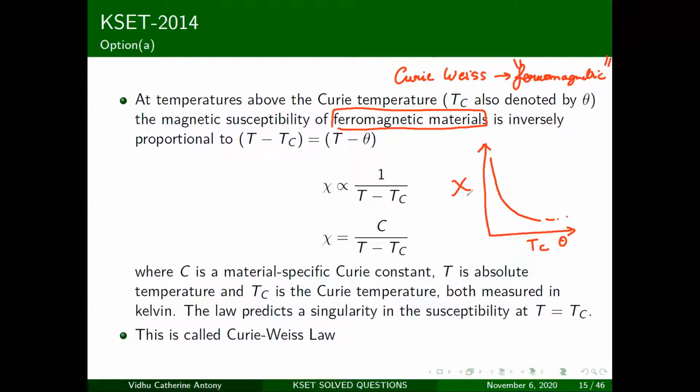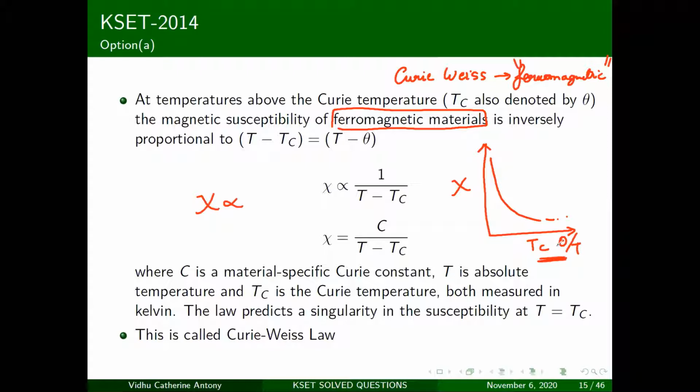So now what do you have? Let's take this magnetic susceptibility. It says it's inversely proportional to the difference in temperature here. Your chi is proportional to 1 divided by T minus Tc. This is usually denoted as T in some textbooks, denoted as theta. I'm telling you so that you don't get confused.